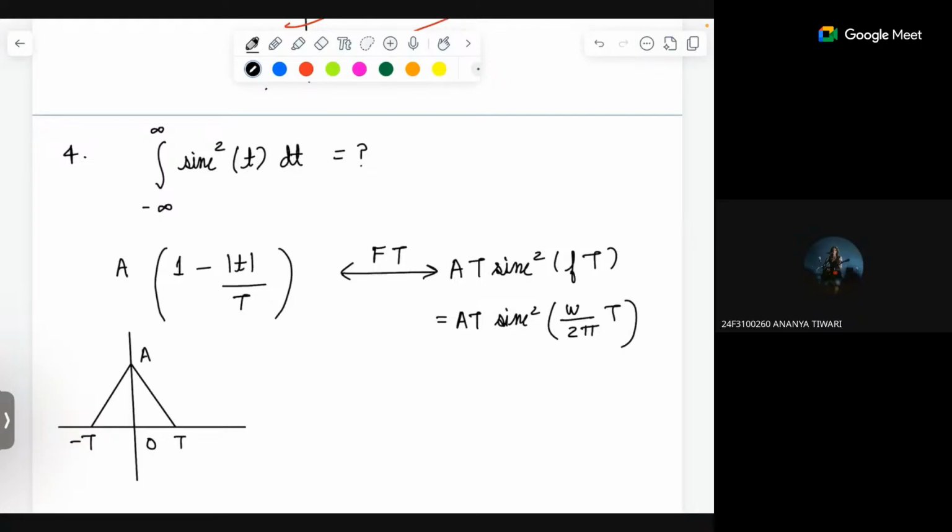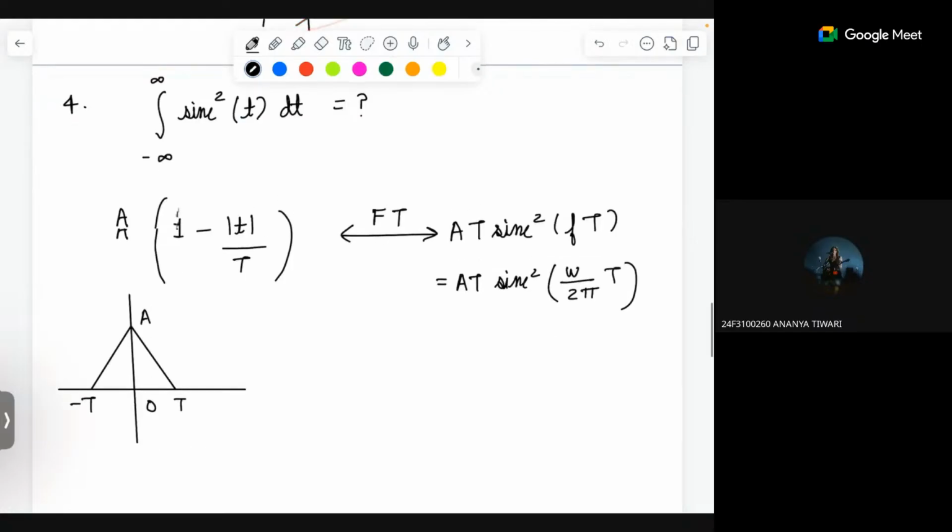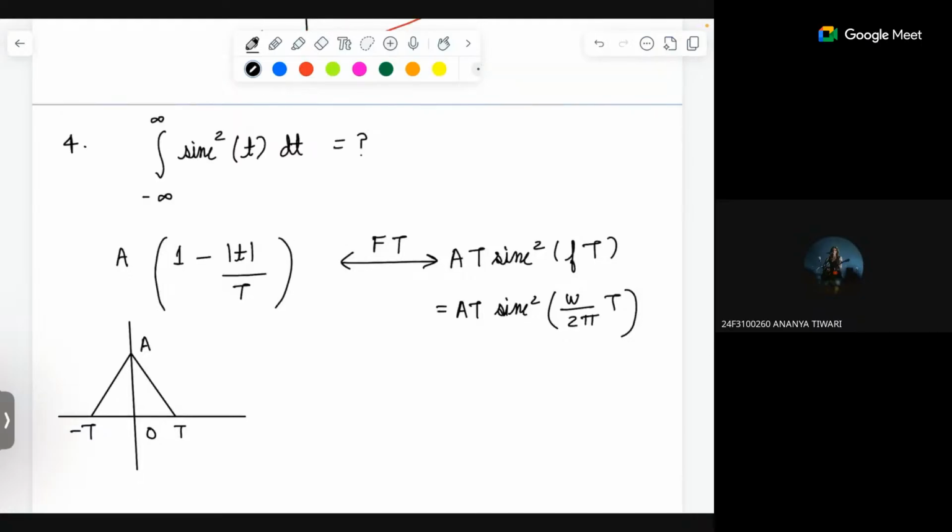So now I've given you this Fourier transform pair. The Fourier transform of a triangular signal will be a sinc square, and by duality, sinc square will have a triangular transform, but there will be some scale factors. So you have to use this and tell me the value of this integral.